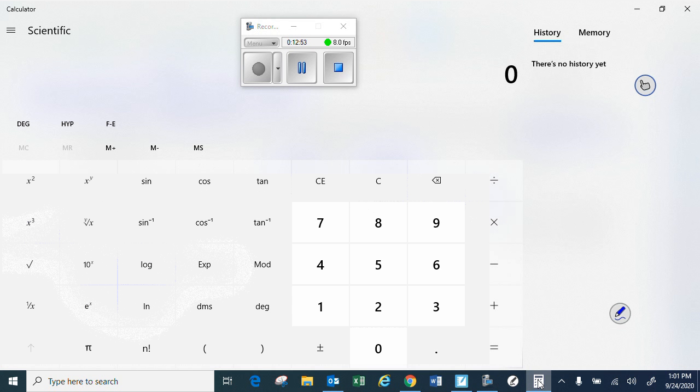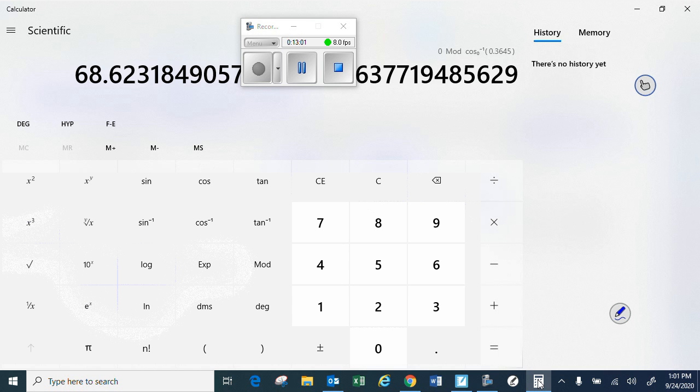Oh, okay. So for this, mode, degrees, 0.3645, inverse cosine. There, it worked. I just learned how to use this scientific calculator. Every time I hit mode, degrees, then the decimal, and then that. And then you get 69 degrees.